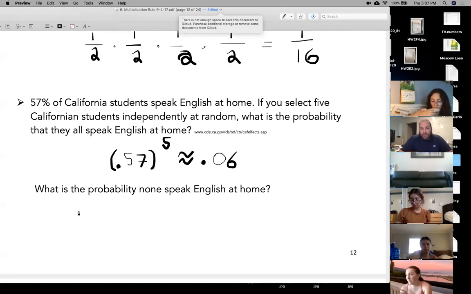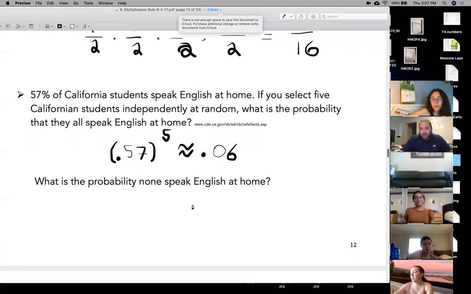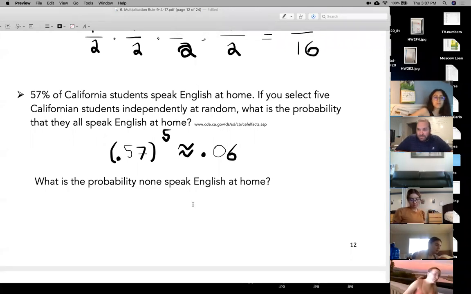Now, what's the probability that none of them speak English at home? No guessing. First of all, let me get the answer here so that if I hear it, I'll know it.